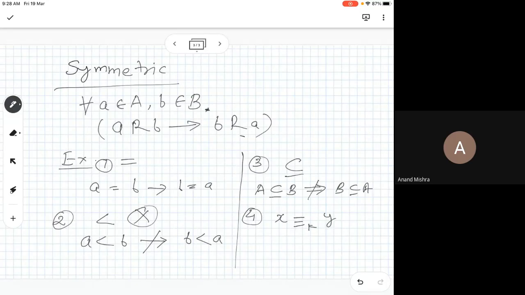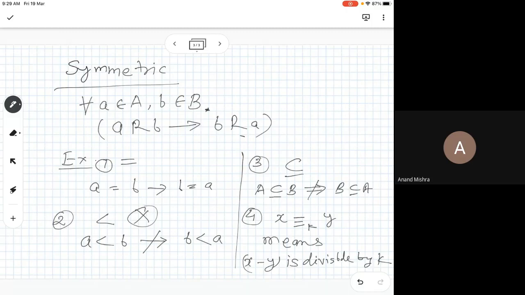x is mod k congruent to y. What does it mean? How do you read it? This means x minus y is divisible by k, right?